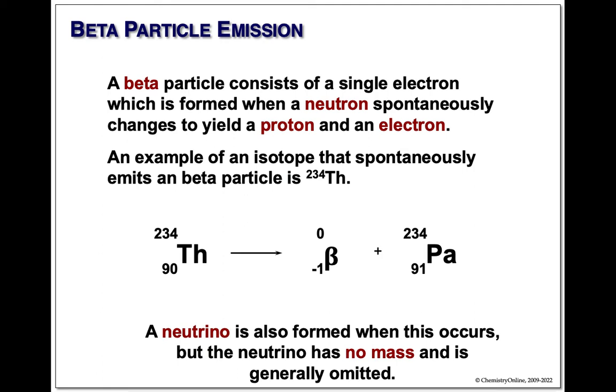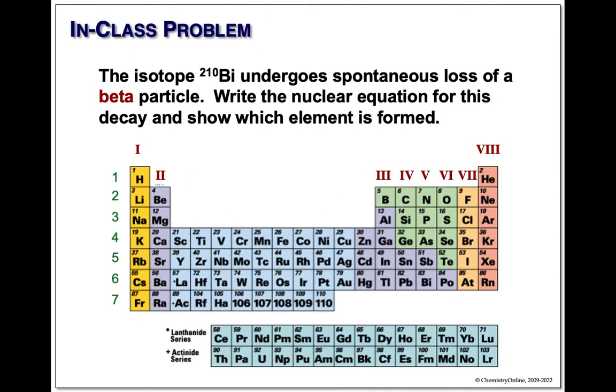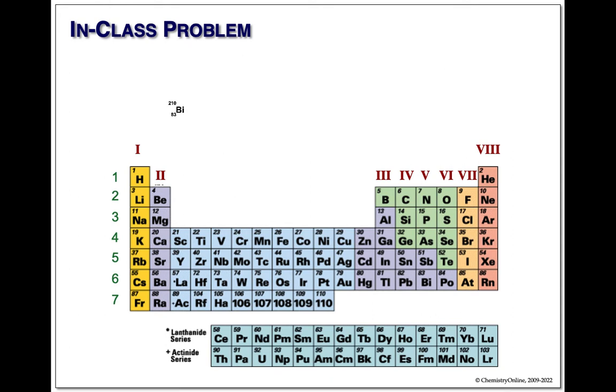All right, let's do one. Bismuth 210 loses a beta particle. What are we going to get? Bismuth is right here at 83. So bismuth, atomic number 83, 210 is our mass number. We are losing a beta particle. Mass number is 0. The, quote, atomic number is -1.